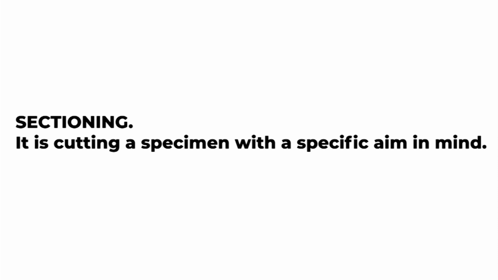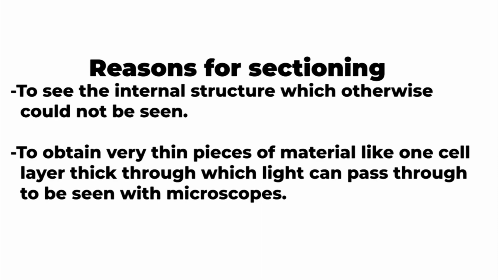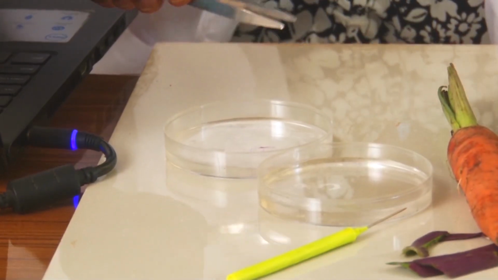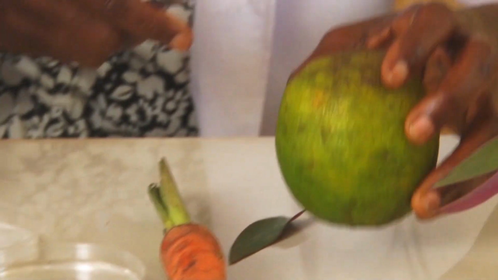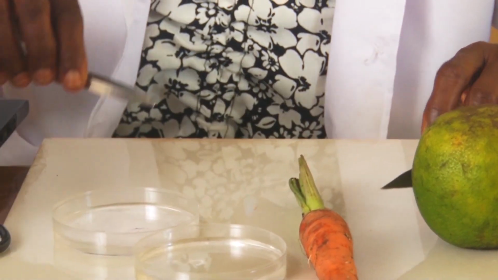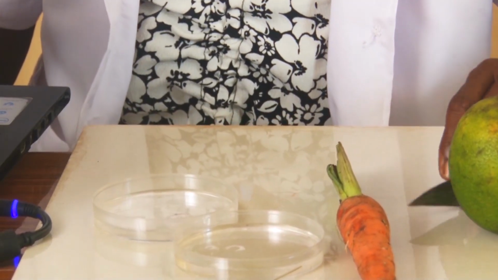You have any reasons for sectioning? One is to see the internal structure of the specimen. All right? To see the internal structure. Another thing is to get very tiny pieces like we did, very tiny pieces that we can put into a microscope. You want to see the internal structure, you have to section. You want to get just a tiny piece to work on, you have to section. These are the reasons for sectioning.